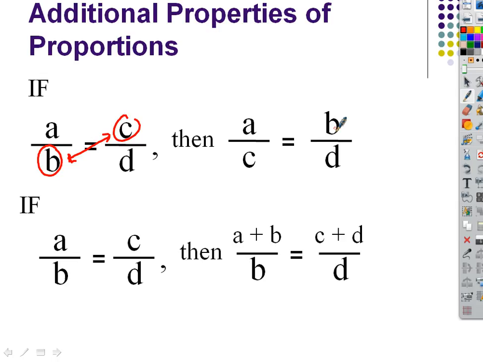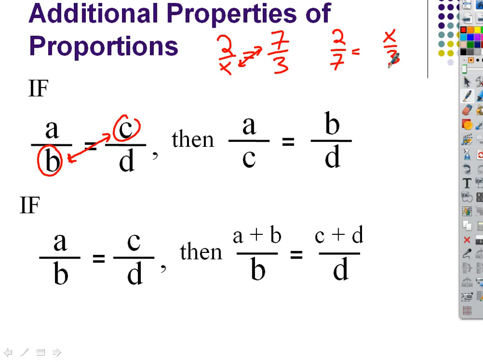For example, if we were solving for x, let's say I had the fraction 2 over x equals 7 over 3, and I want to solve for x, I could cross multiply. That's fine. It would work. The other thing I could do is exchange diagonally and get 2 over 7 equals x over 3.